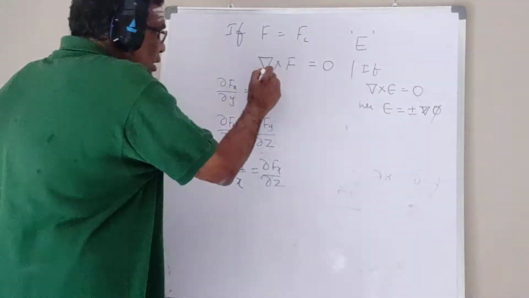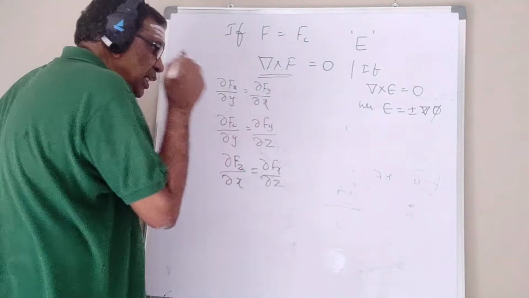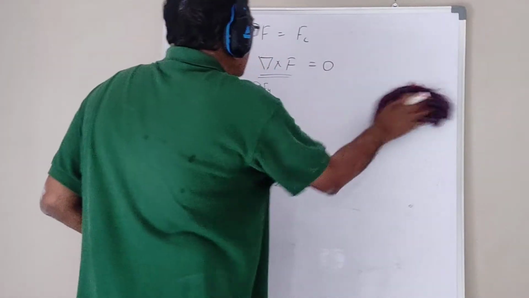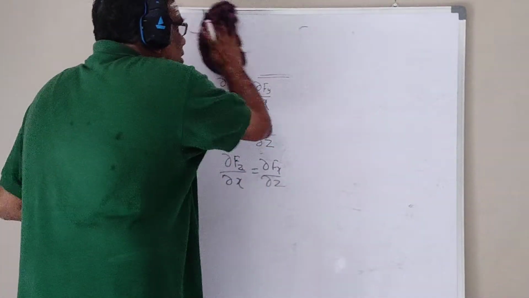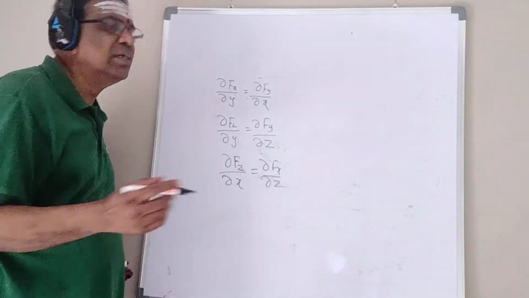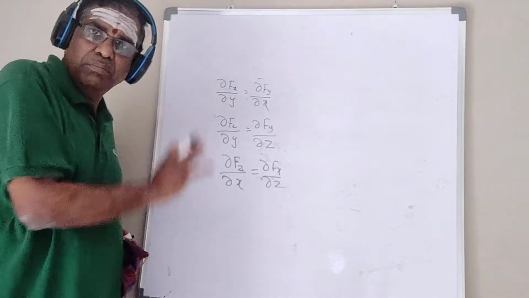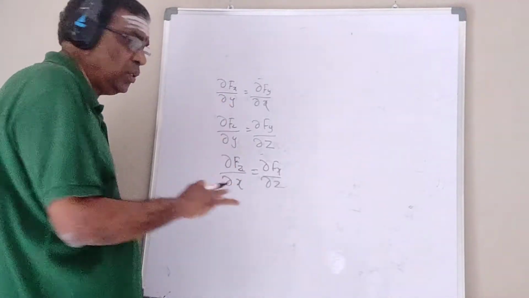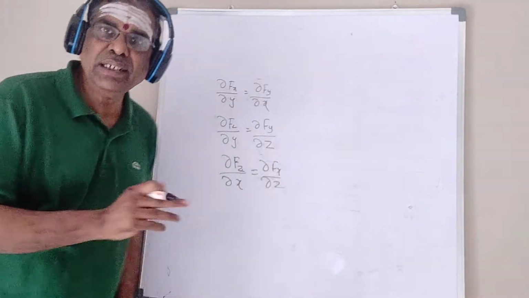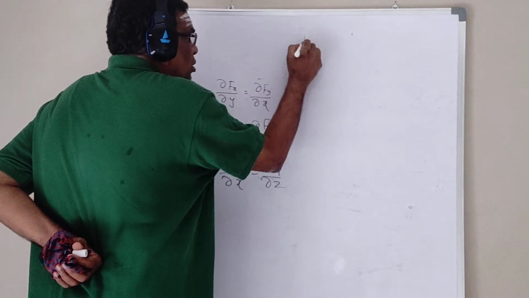This is the meaning of curl F equal to 0. So generally in all our problems, what they give is F as a function of xy or yz, then use this. This is a very important concept for you to prove mathematically that this is a conservative force. Okay? Now, what exactly do we mean by this?